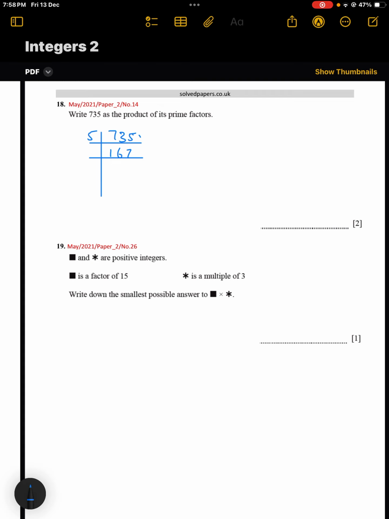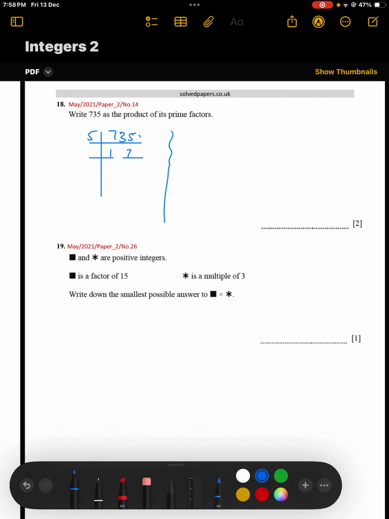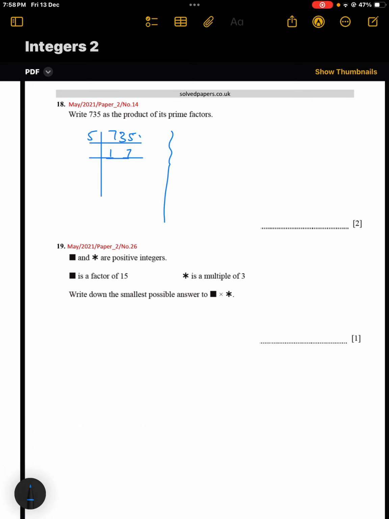Let's confirm the multiplication by dividing 735 by 5. 5 times 1 is 5, and the remaining 2 will come down with 3.